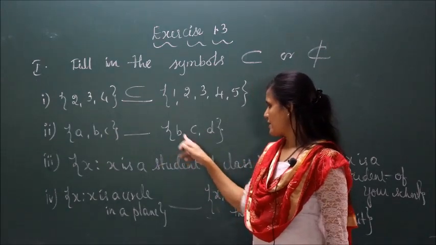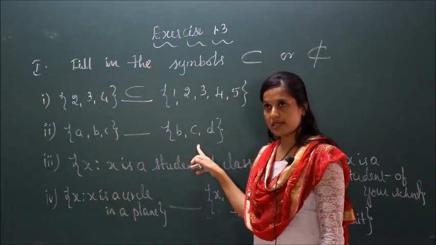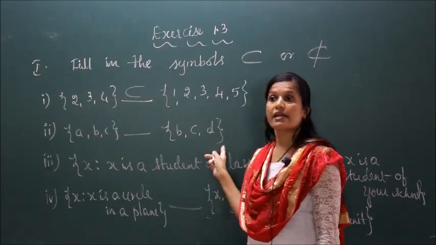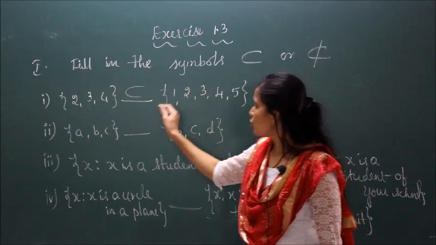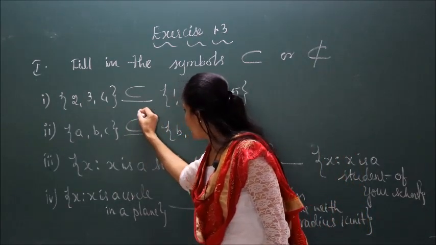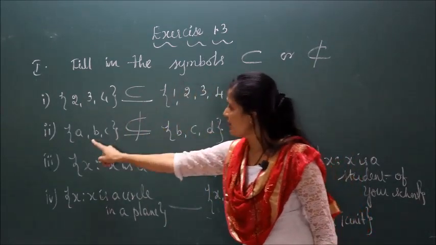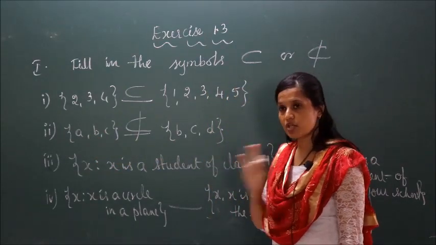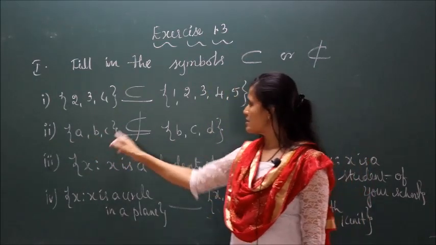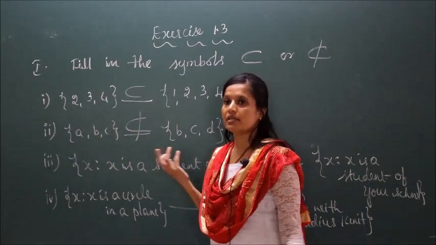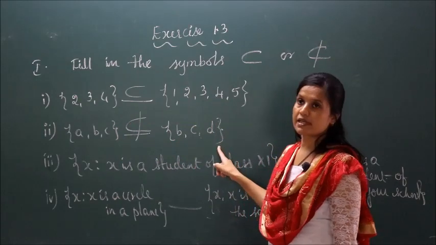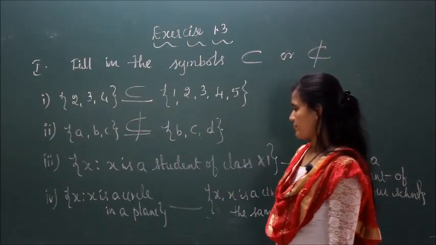B is there in the set. C is there in the set. But A is not there in this set. So every element of this set must be in that set, otherwise it is not a subset at all. Two elements are there, but the third element is not there in this set. So this set is not contained in that set, or it is not a subset.